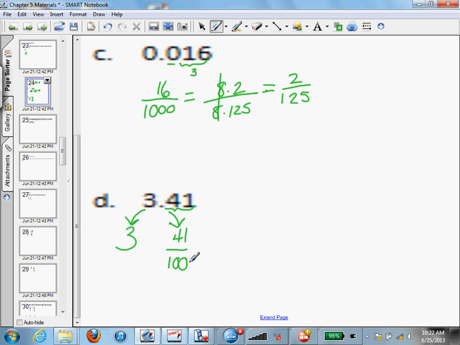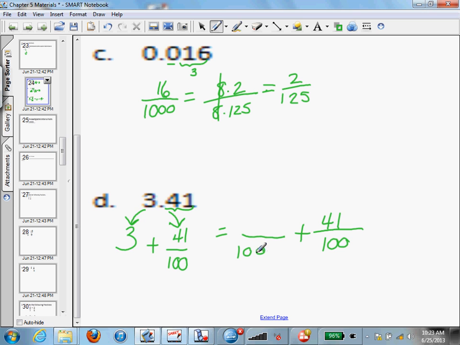And for this, we want to say that that is equal to two pieces being added together, where the denominators need to be 100. Well, we have this one right set up as 41 over 100, but now we need to make this 3 over 1 have the denominator of 100.